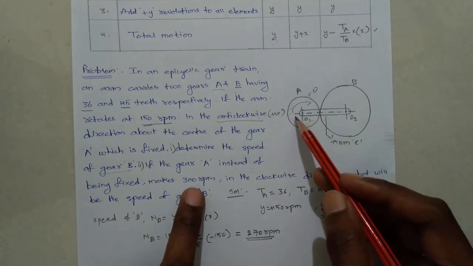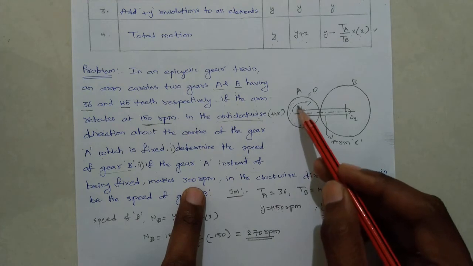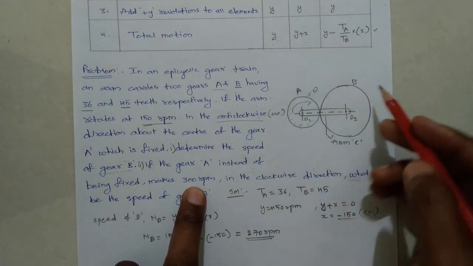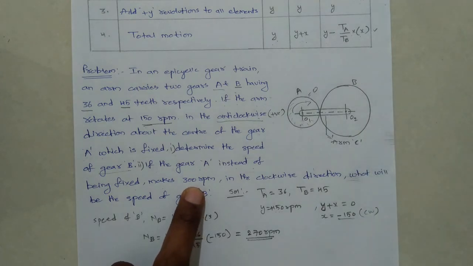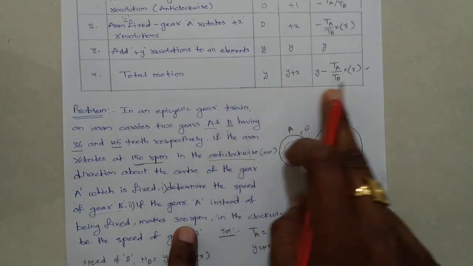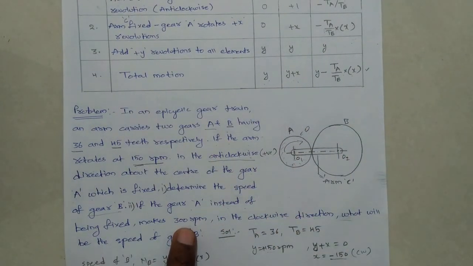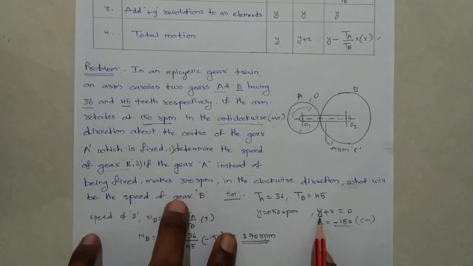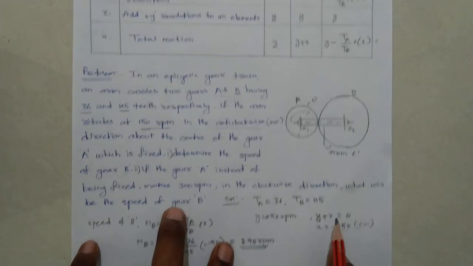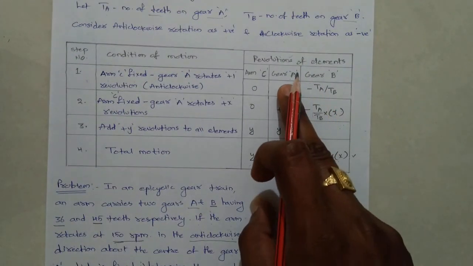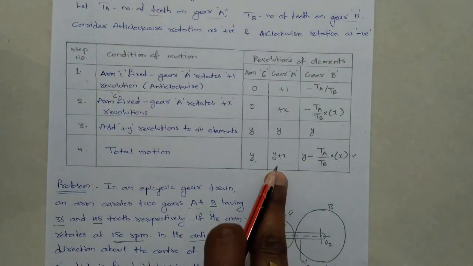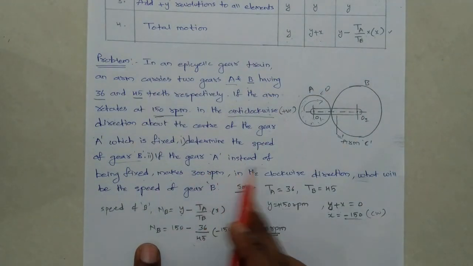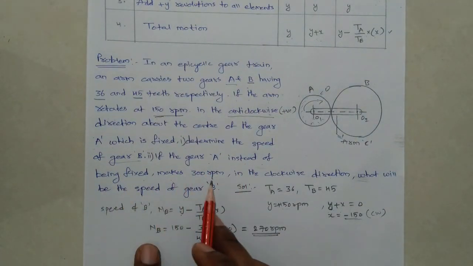The arm is rotating in the anti-clockwise direction. What is the speed of gear B? Again we have to use the same column, but the small change here is, in the previous case we have taken y plus x is equal to 0. What is y plus x? Y plus x is nothing but the speed of gear A. But in the second case, he has given that instead of being fixed, the gear makes 300 RPM.